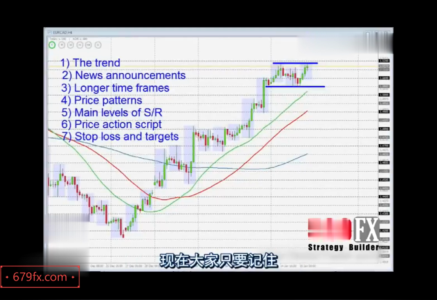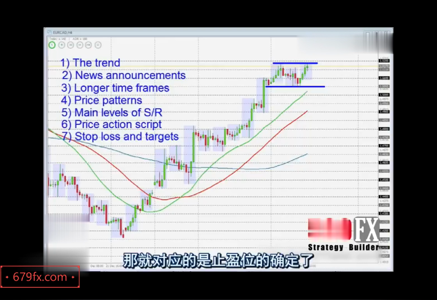I just want you guys to remember that before you pull the trigger, you must know where you will exit the trade, or at what level you are looking to bail out, both if it goes wrong, and therefore we're talking about your stop loss level, and if hopefully it goes in your direction, and therefore we are talking about your price targets.